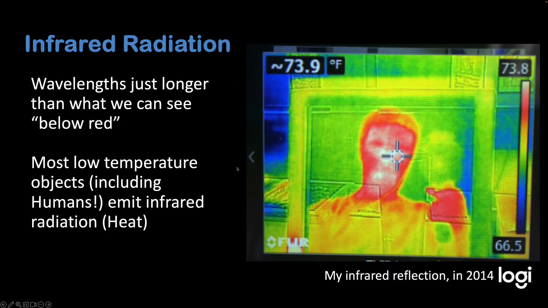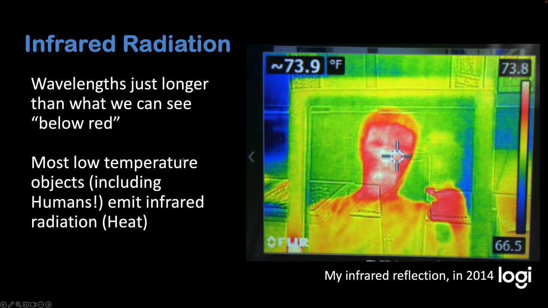Going to even shorter wavelengths, higher energies, this is just a little bit below, in terms of wavelength, what we could see. So we call this infrared radiation. It's a little bit longer wavelength than what we can see with our eyes, but still a little bit shorter wavelength than the microwaves we were just talking about.